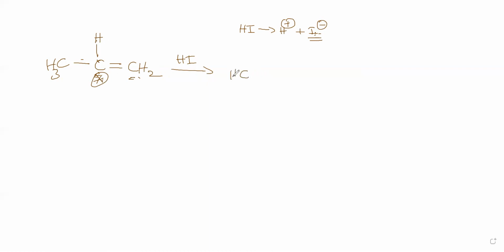So you have CH3, CH, and you have I here, and again, oh sorry, this is a single bond. Out of this, you break one pi bond and create two bonds, and then you have to add. So here you have H, H, H. The hydrogen will add to the carbon having more number of hydrogens.